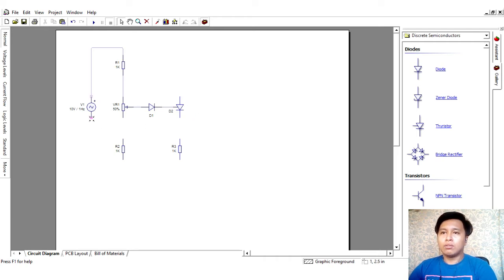The negative pole of the AC voltage source will connect to R2, and R2 will connect to the remaining pin of VR1 or potentiometer.